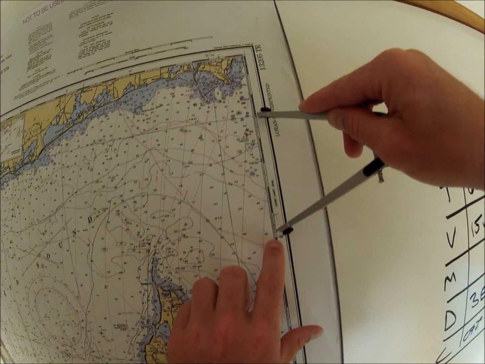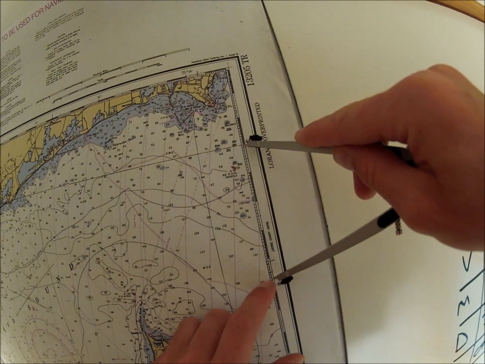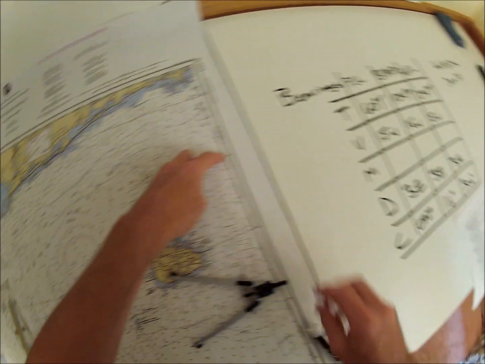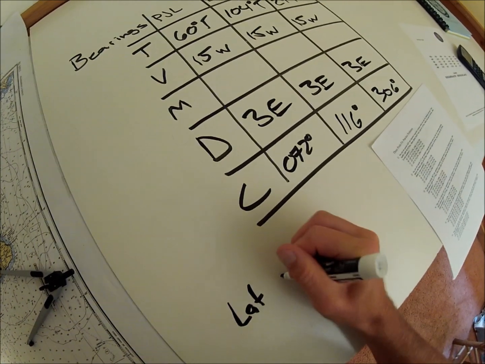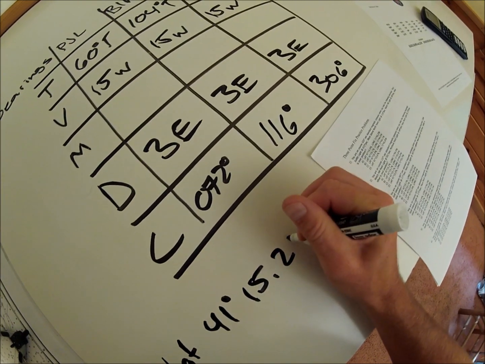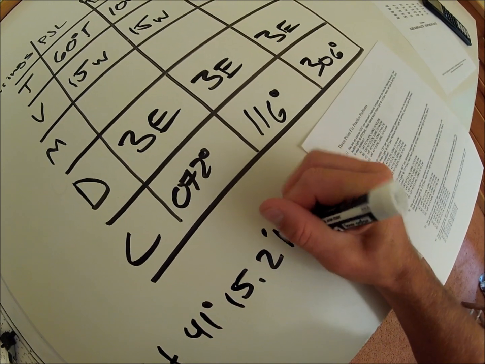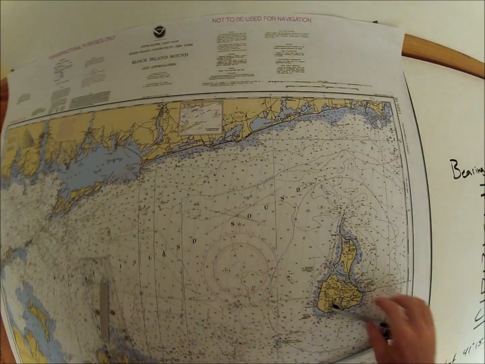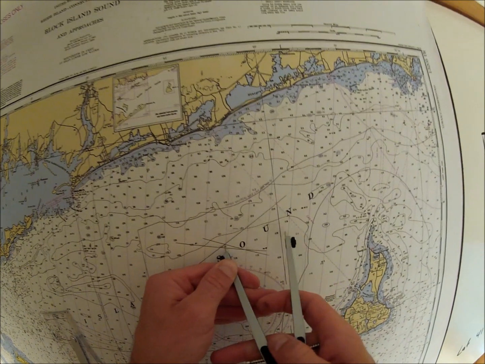And line it up here and say, okay, this is 41 10, 41 15. 41 15.2 degrees, 0.2 minutes north. Let's see our longitude. So from this dot, see where it crosses.